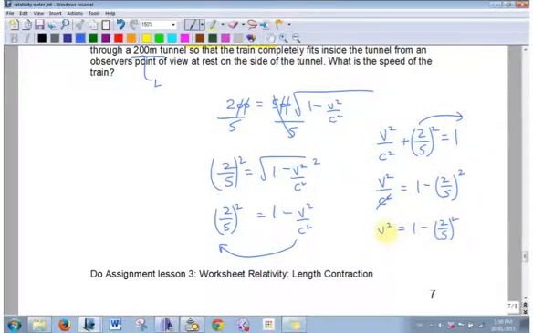And then lastly, how do I get rid of this squared? The opposite thing I did here, right? Take the square root of both sides. So that is going to be your velocity in terms of c.